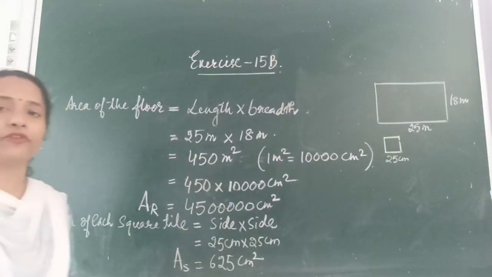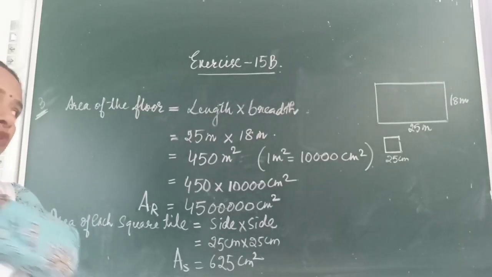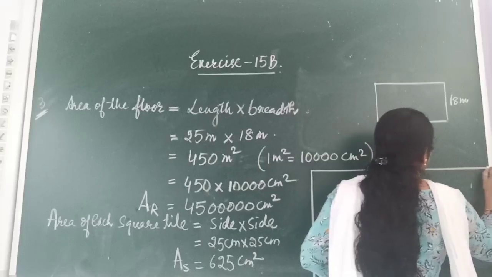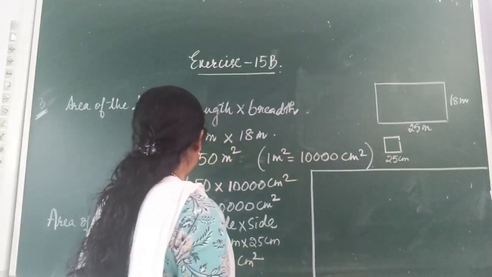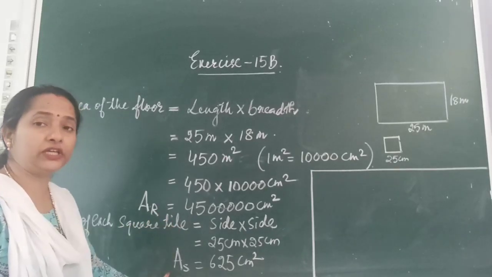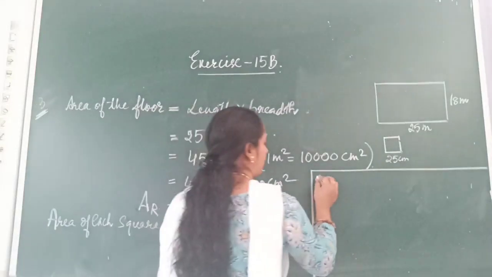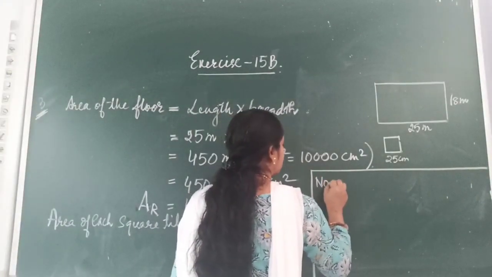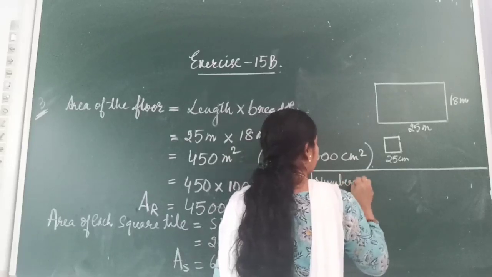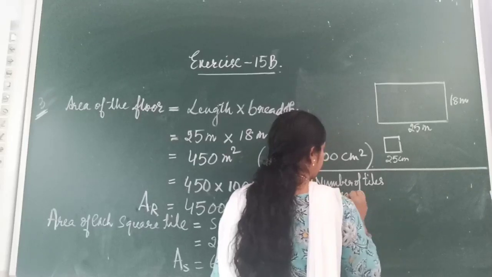Now what is the formula to find the total number of tiles that are required to pave the rectangular floor? So here we have the area of the rectangular floor and the area of each square tile. Now what we need to find? We are going to find the number of tiles required.